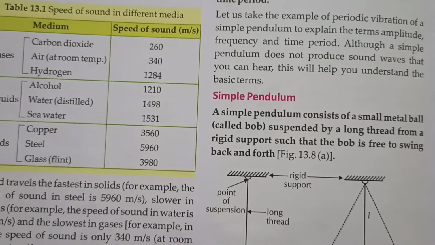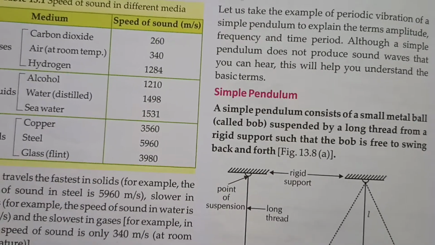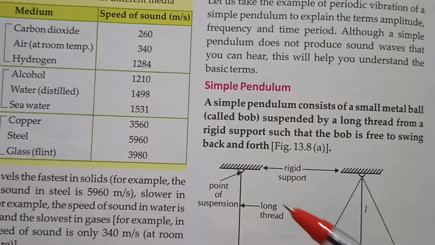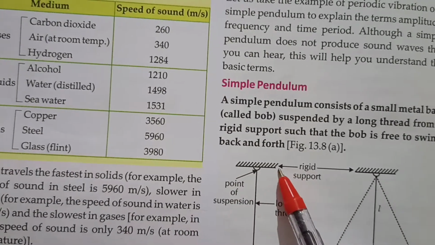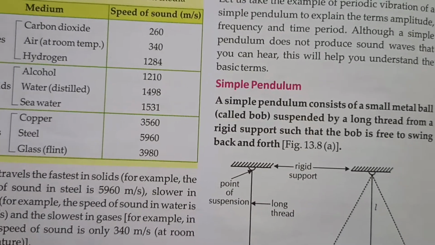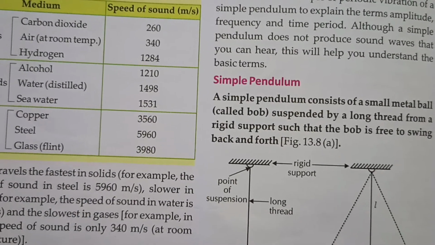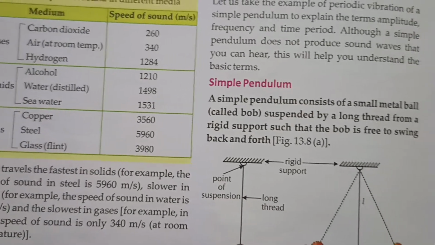A simple pendulum consists of a small metallic ball called a bob, suspended by a long thread from a rigid support, such that the bob is free to swing back and forth, to and fro motion.